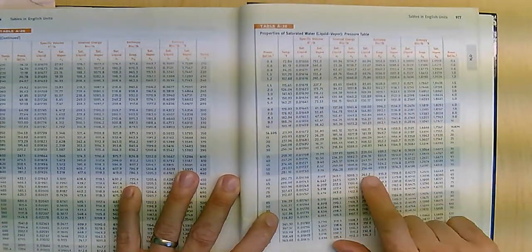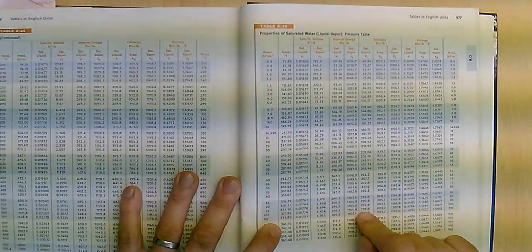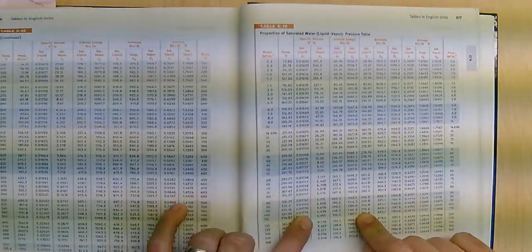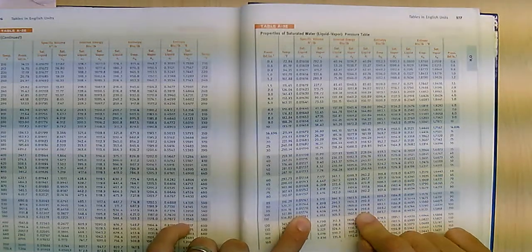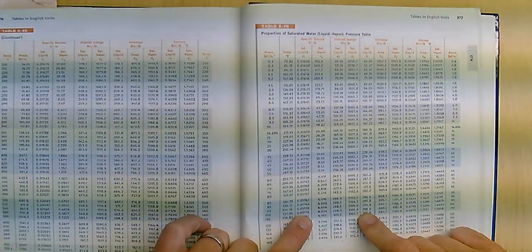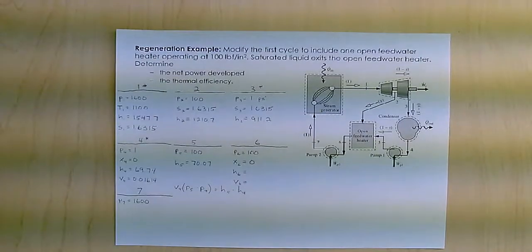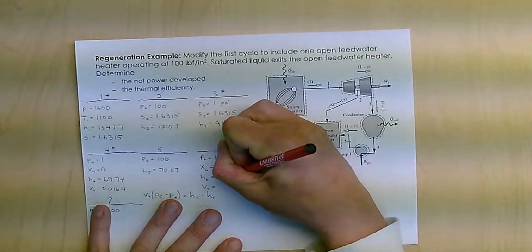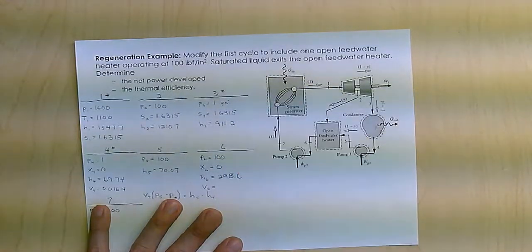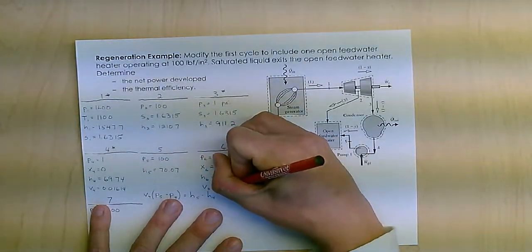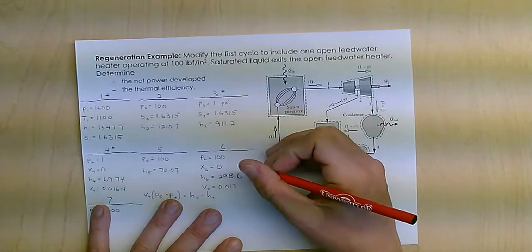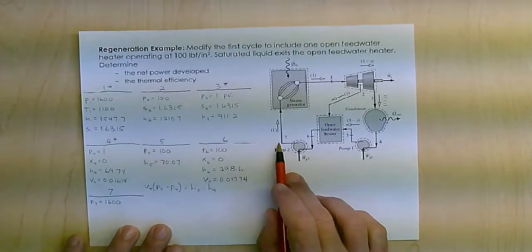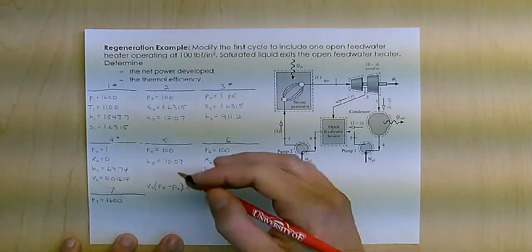So my enthalpy is 298.6, and my volume is 0.01774. So I'm going to take those values and plug them in here. So I get 298.6 for the enthalpy, and then the volume is 0.01774.